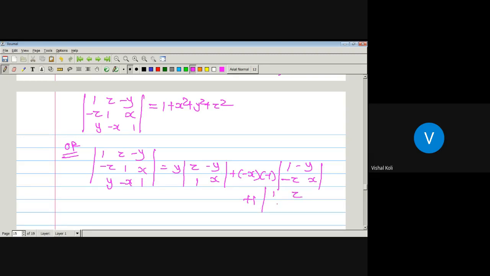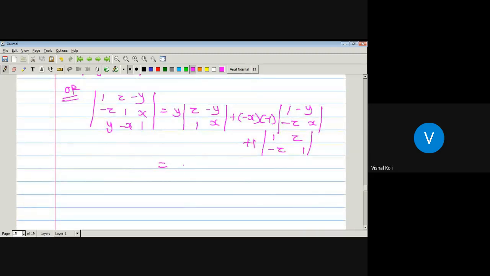1, z, minus z. So which is equal to y into xz minus y plus x into minus x minus 1 plus x, x minus of minus plus, and its minus, which is yz plus 1 into 1 plus z square, so which is equal to xyz minus of y square minus of y square plus x.